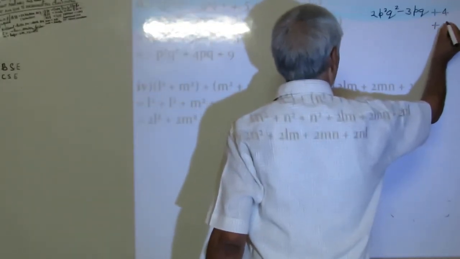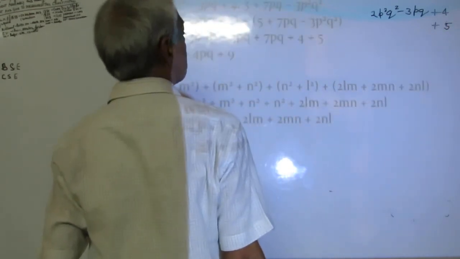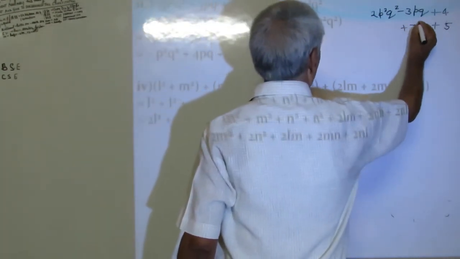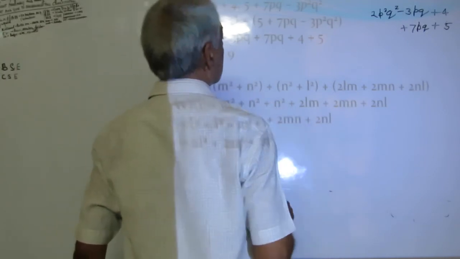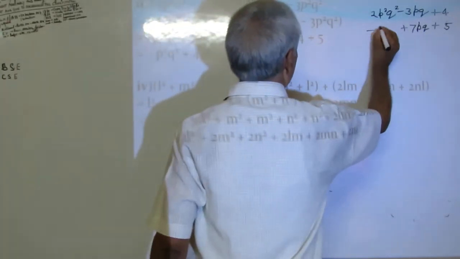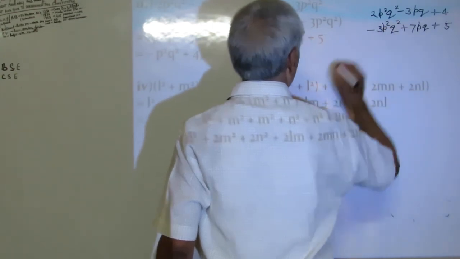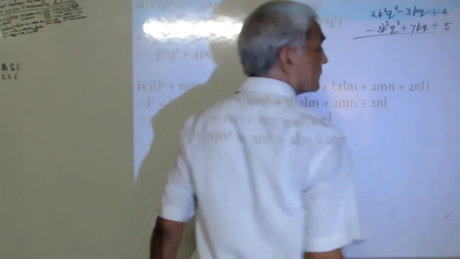Below the constant term plus 5 is written, plus 5, plus 7pq, minus 3p square q square. Now you add like term to like term.